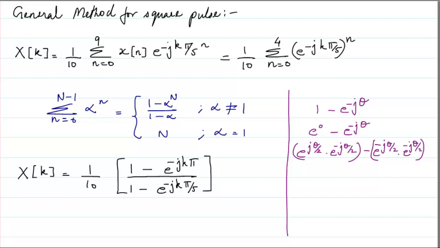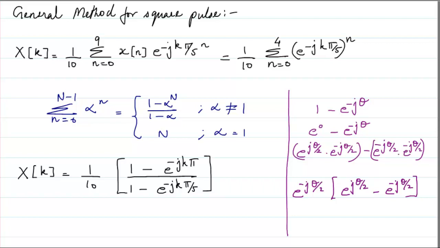So from both of these a common value will come out. What is that common value? E raised to power minus j theta by 2. So I will take e raised to power minus j theta by 2 out as common. What remains is e raised to power j theta by 2 minus e raised to power minus j theta by 2.